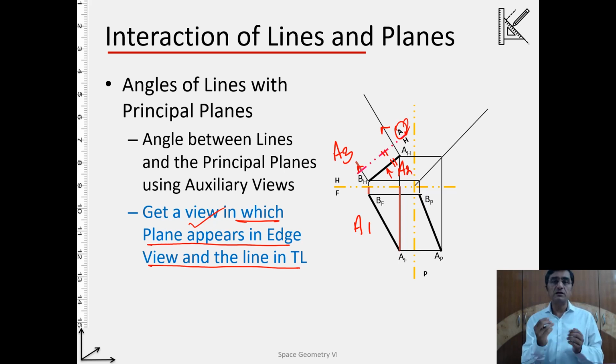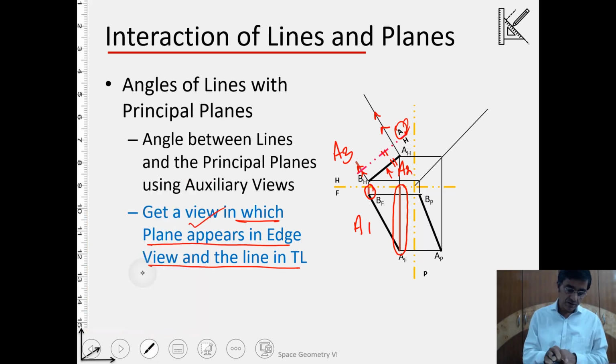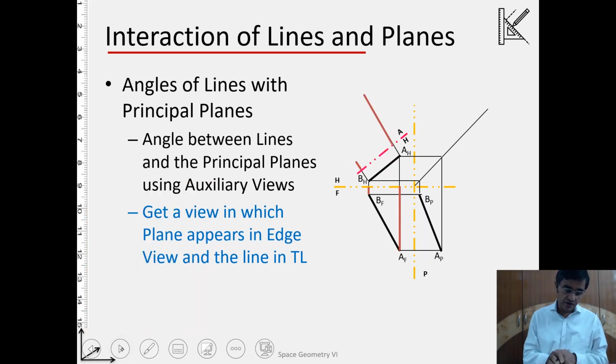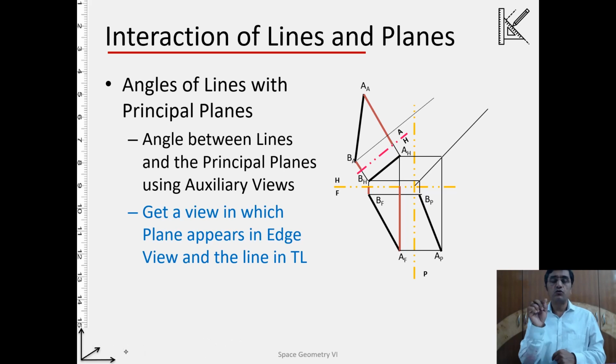Alright, so we will be taking the distances from A1 and we will be drawing the projectors from A2. So this is the direction of the projection, and point B will be making use of this distance. For point A we will be making use of this distance. If we put those distances there, then we can locate the ends of the point, and this is now the true length. So AA, BB, AA stands for the notation, A end of the line on the auxiliary plane, projected onto the auxiliary plane.